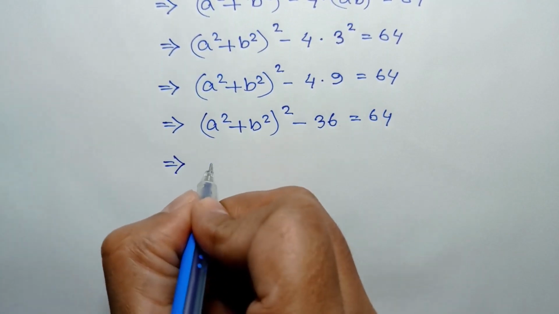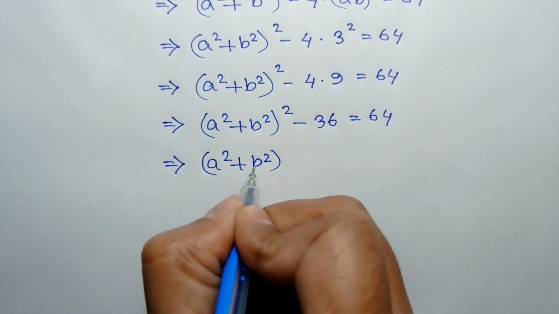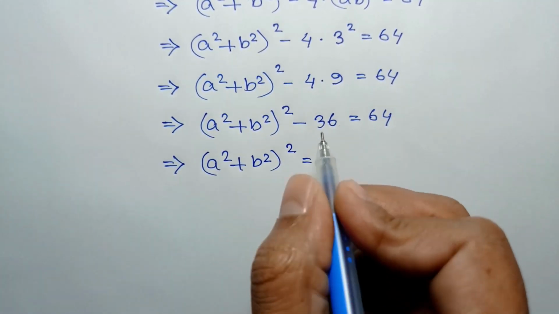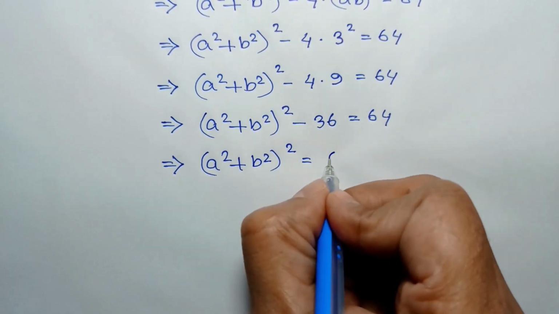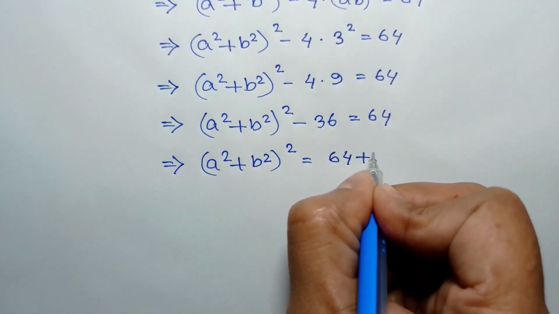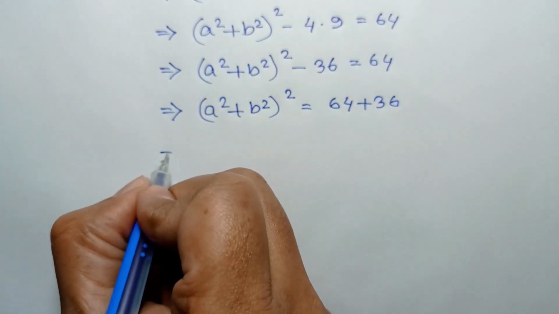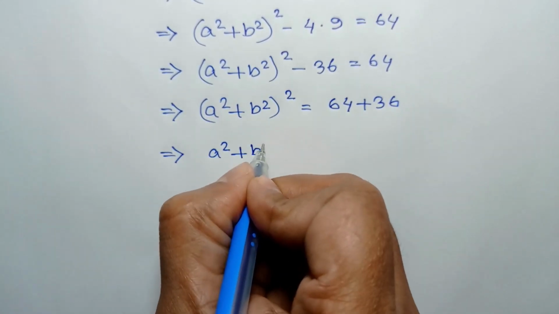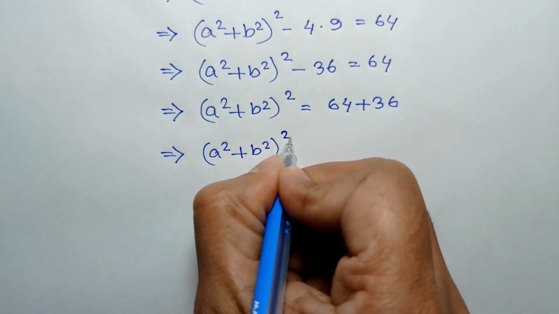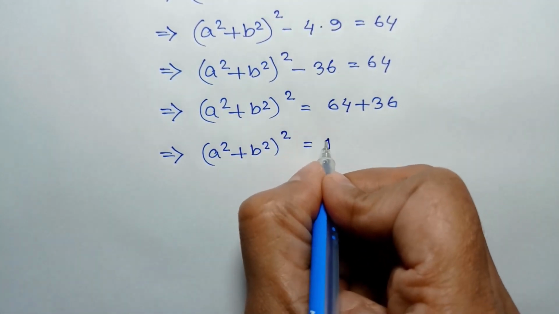or (a square plus b square) whole square is equal to, taking this 36 to the right side we can write 64 plus 36, or (a square plus b square) whole square is equal to 64 plus 36 is 100.